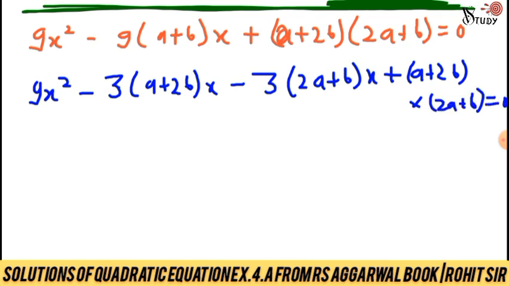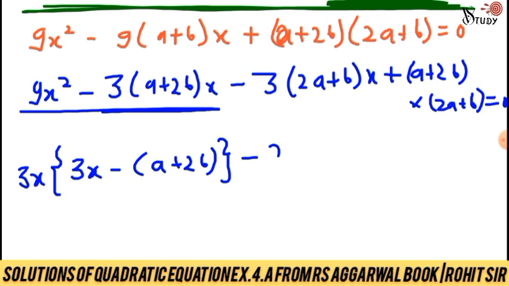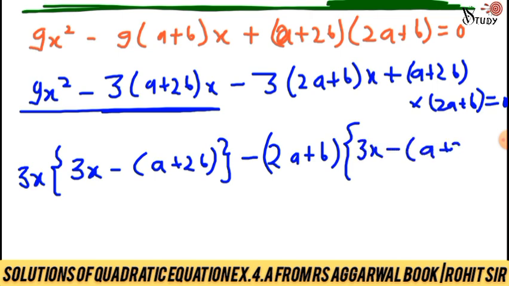Now take common from the first two terms. From the first two terms 3x is common, so we have 3x in bracket, 3x negative a plus 2b. Now take 2a plus b as common, then we have 3x negative a plus 2b is equal to 0. Now take 3x negative a plus 2b as common.